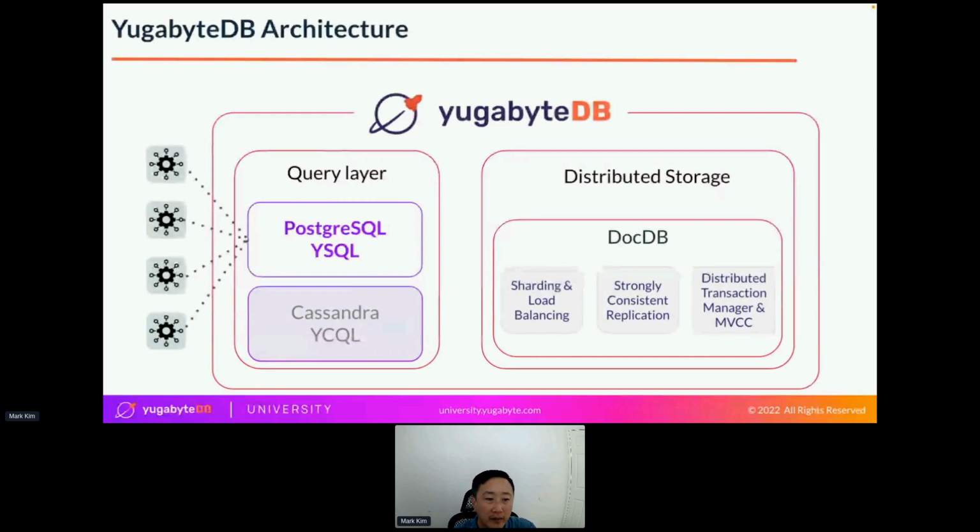All these factors are critical in order to get ACID compliant distributed transactions. DocDB also implements multi-version concurrency control, or MVCC, as you can see on the right. Basically that's for internal data consistency.